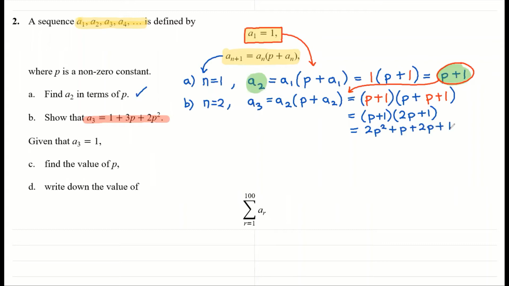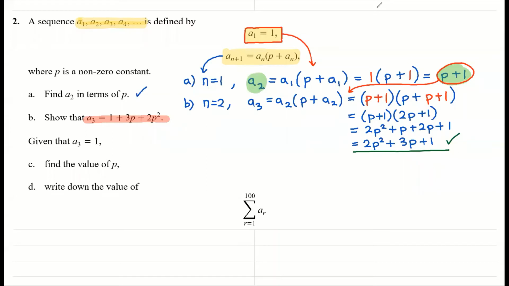And that looks correct, doesn't it? I'll write it in the normal way. So it's going to be 2P squared. When I say normal way, I mean in descending powers of P. Added to 3P, added to 1. So I know that's correct. It's just written backwards. Okay, good.